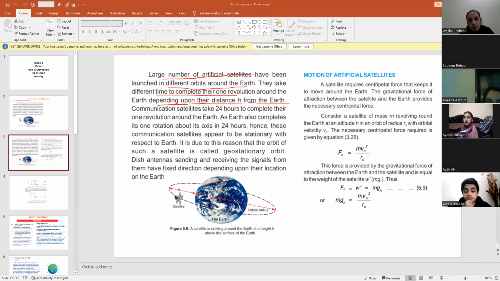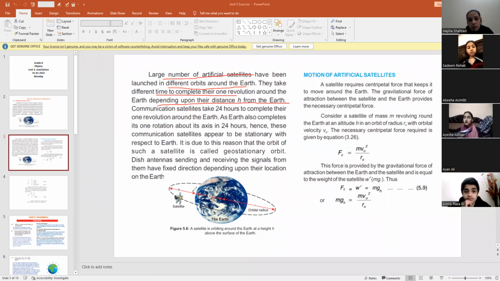If the distance is very close to the Earth, the satellite appears stationary with respect to the Earth. But if the distance is larger, these satellites do not appear stationary, and they take more time to complete their rotation.